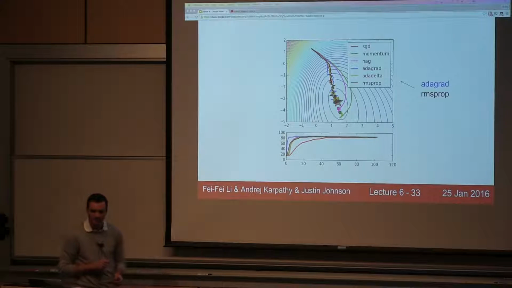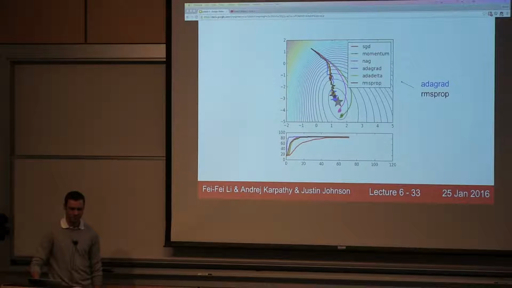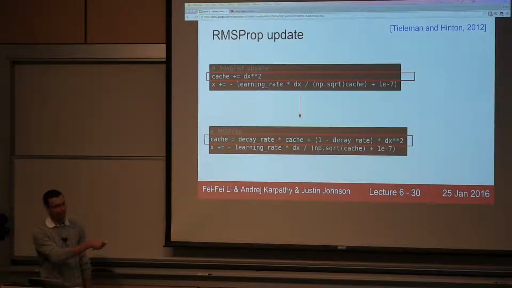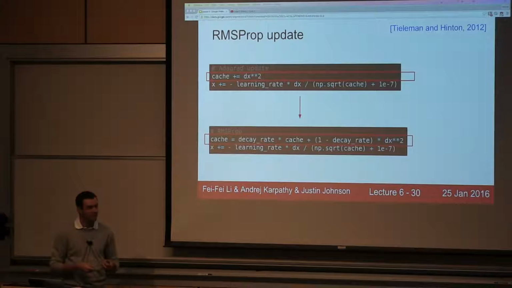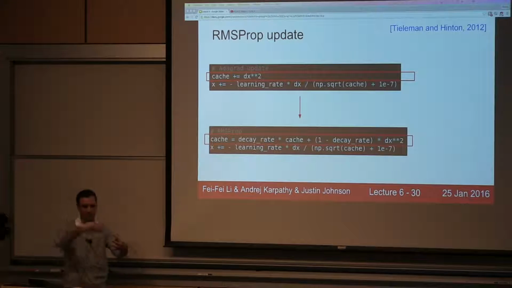Have people tried using a window, like the last, let's say, 10 squared gradient values that are summed together? So you want to have a finite window over which you're summing up these gradients? RMS prop is already adding up your gradients from the past in an exponentially weighted way.